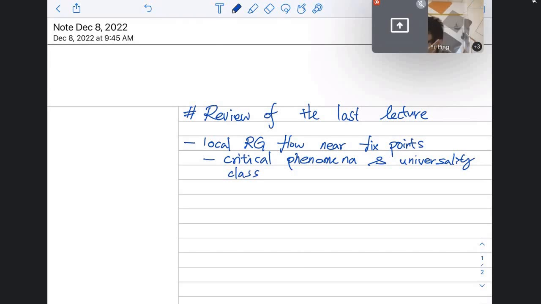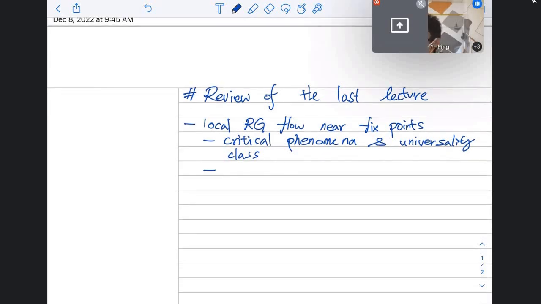Basically, we can try to remind ourselves how this happens. We are trying to derive how the RG transformation on the scale of L changes the coupling constant K. For example, if you are focused on K sigma, then you take the derivative with respect to K sigma, and you ask how this change behaves near a particular fixed point K star.